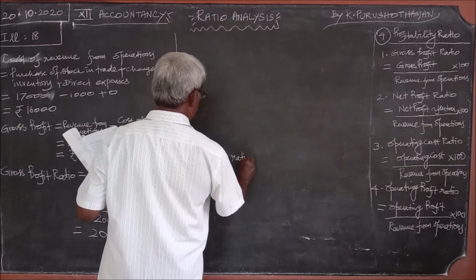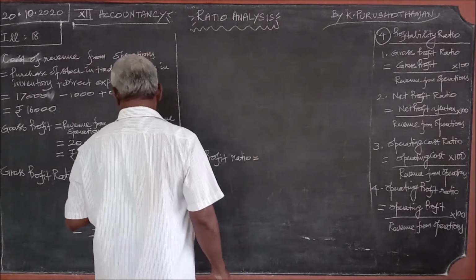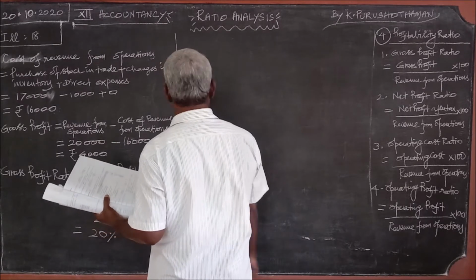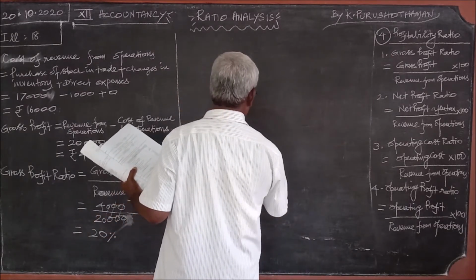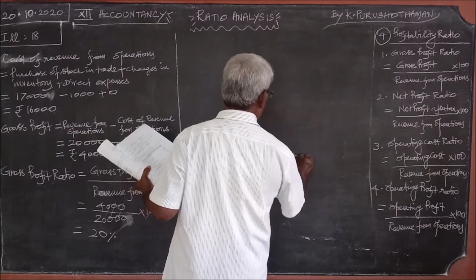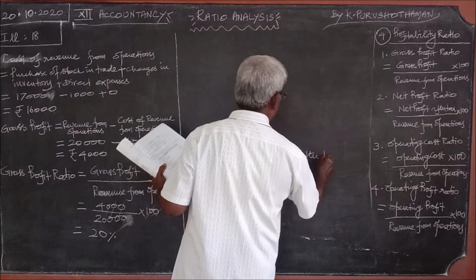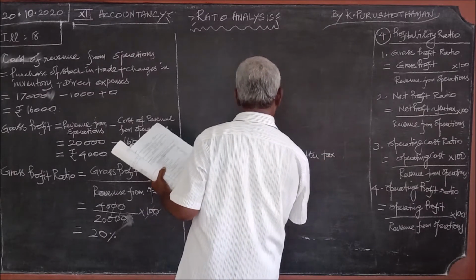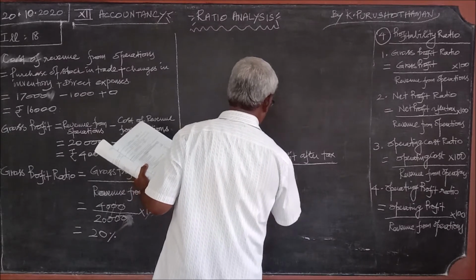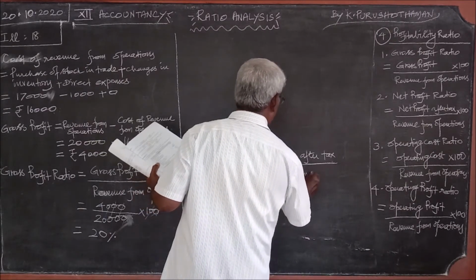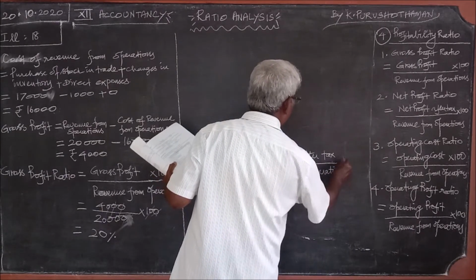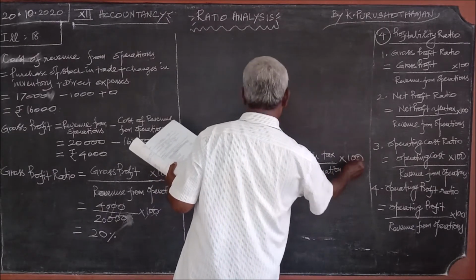Net profit ratio is equal to net profit after tax, we should include, by revenue from operations into 100.